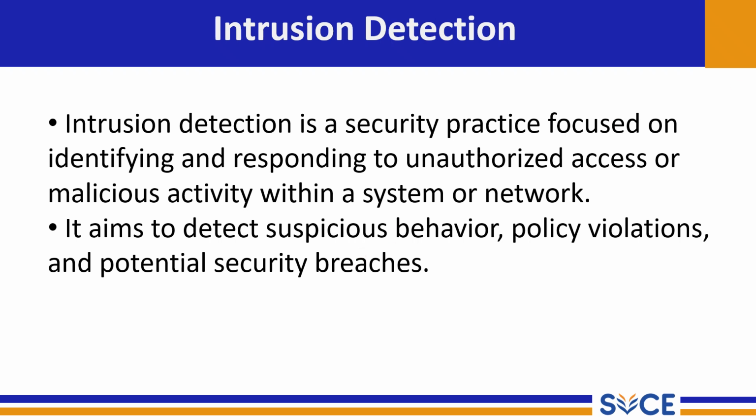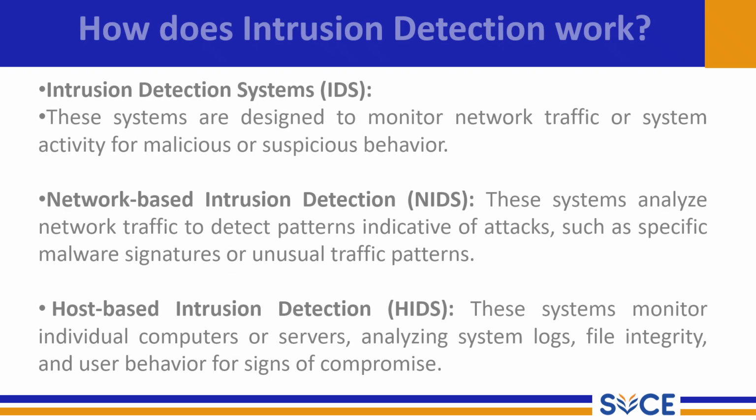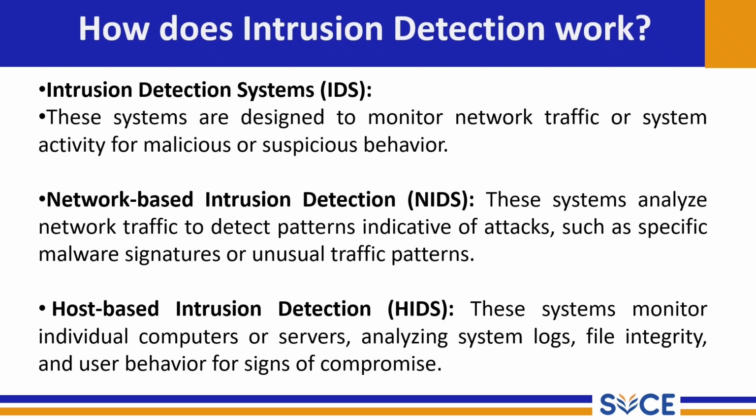Okay, and before the next slide, I would like to give a real-time example of an intrusion detection system. I think you all might have heard the word Snort. This is a widely used open source network intrusion detection and prevention system.